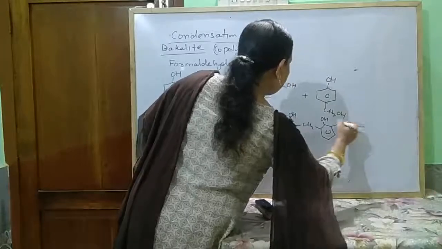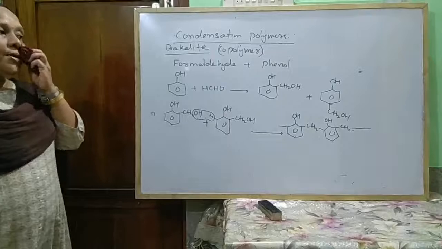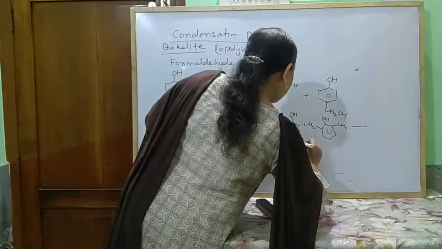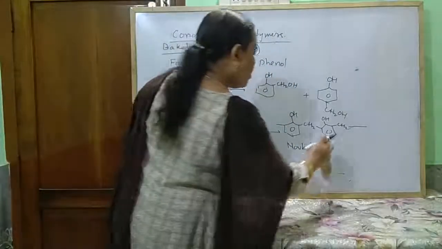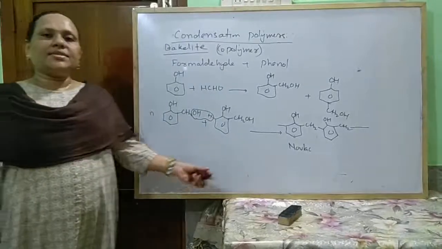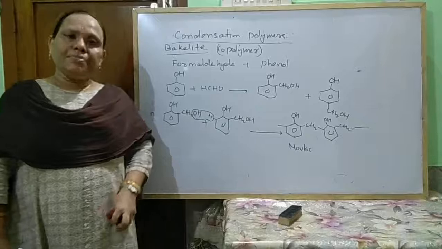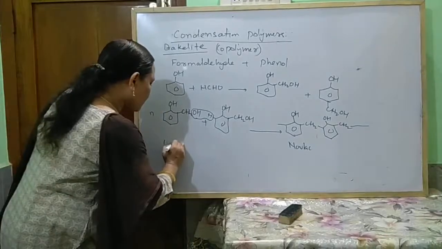In this way, this group is continuing this side and this side also. Okay, so this is known as your Novolac. Novolac is a linear polymer of formaldehyde and phenol.